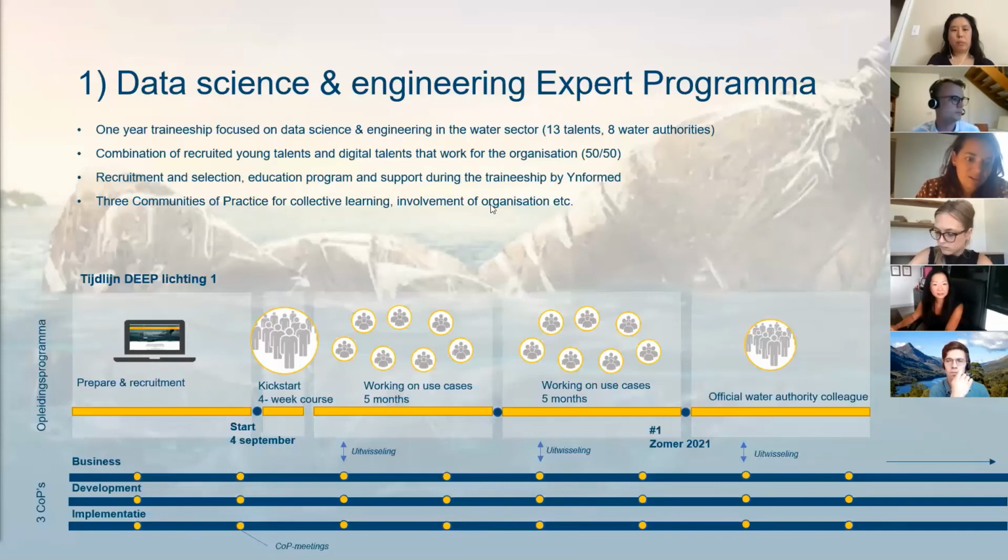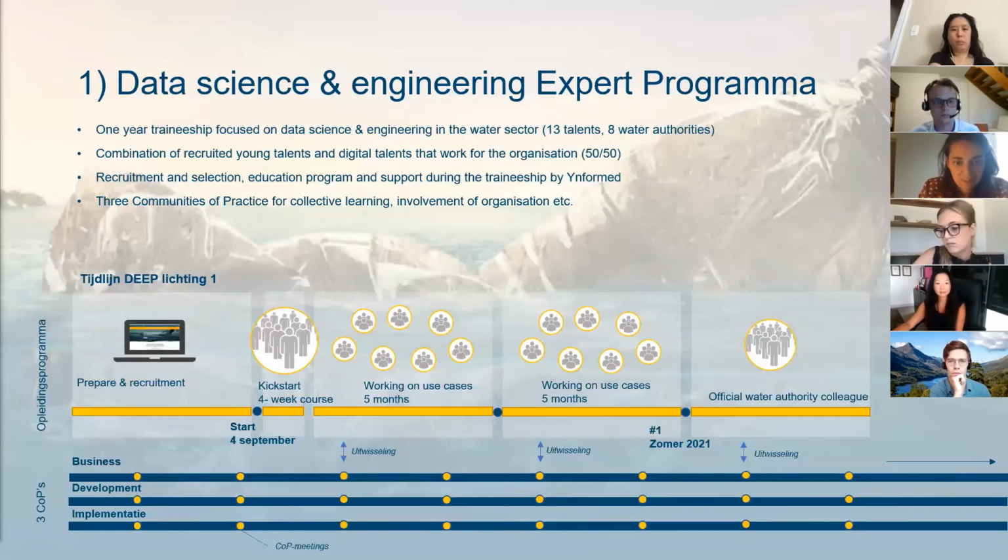The thing that we did is do the recruitment and prepare the educational program that they follow. So it's a 4-week course, but also support them on working on use cases within 2 rounds of 5 months.